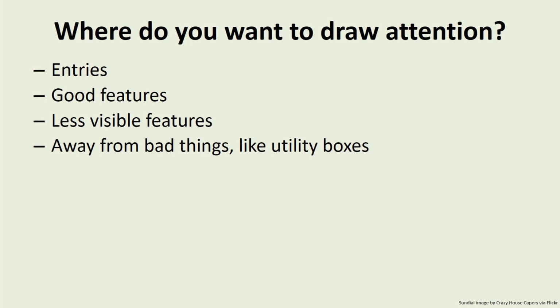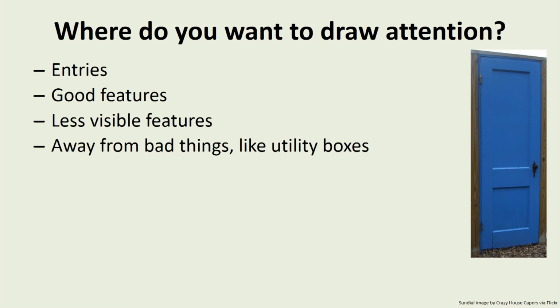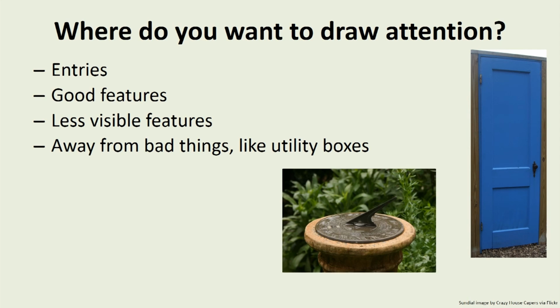So we can use lines and sequence or contrast to draw attention to things that we want to draw attention to and away from things that we don't want real visible in the landscape. So where do you want to draw attention? We usually want to draw attention to entryways, whether it's an entry to the house or a building or a pathway or some other area. We also want to draw attention to good features, especially if they're not real visible on their own.